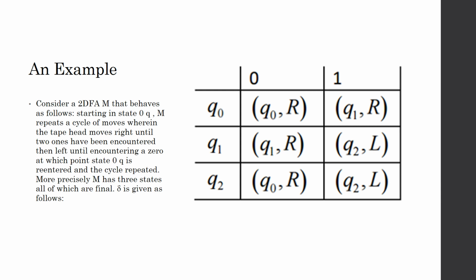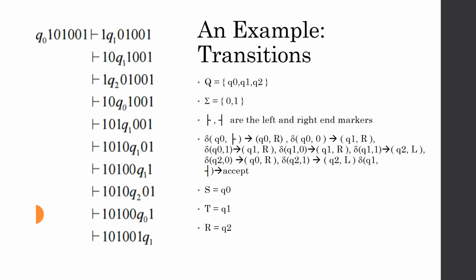This little table over here to the right shows you that if we're at this state and we're given an input, where we should go state-wise, and whether we need to move our read head on the input right or left. So here we have a little example where Q is a set of states Q naught, Q1, and Q2, and sigma is our alphabet of zeros and ones.